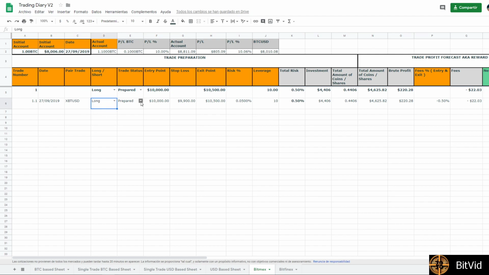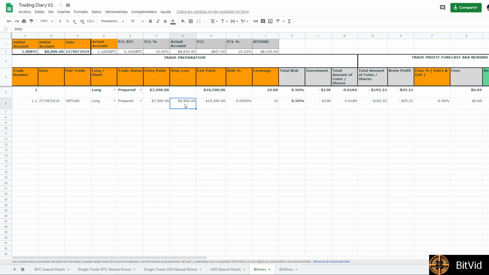At that moment, as we are preparing the trade, we are not in the trade yet. For us, it's a prepared trade. You have prepared, active when you have entered the trade, closed when you have finished, and cancelled if you have not achieved the entry point. So at this moment it is prepared. Then you have the entry point. Let's imagine that it's a long, we want to enter at, for example, 7,500.